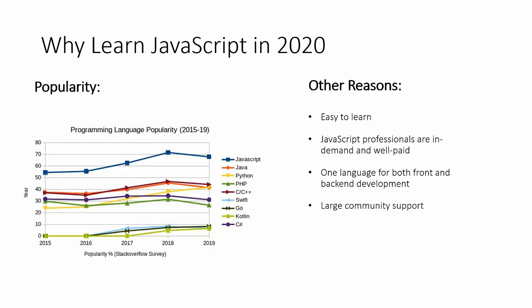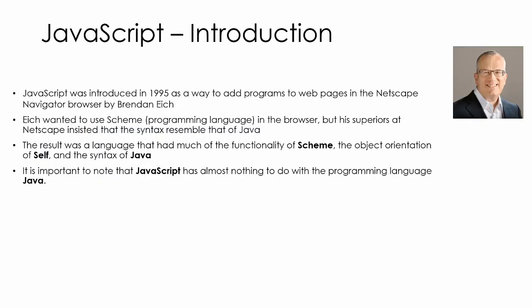Now let us look at how the language came into existence. JavaScript was introduced in 1995 as a way to add programs to web pages in the Netscape Navigator browser by Brendan Eich. Eich wanted to use Scheme, a programming language, in the browser, but his superiors did not like the idea and insisted on keeping the syntax similar to Java.